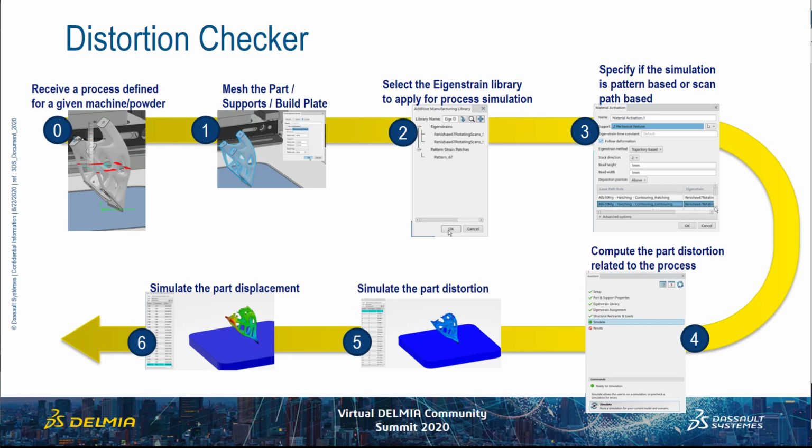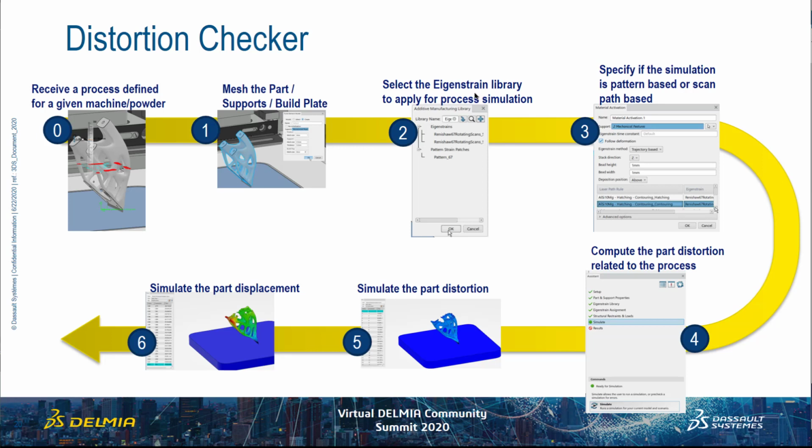So here's the workflow for that. You see the process defined for a given powder bed machine. This process definition is coming from DELMIA powder bed programmer. Then we mesh the part, support, build tray, the entire setup, and then we apply an eigenstrain library.